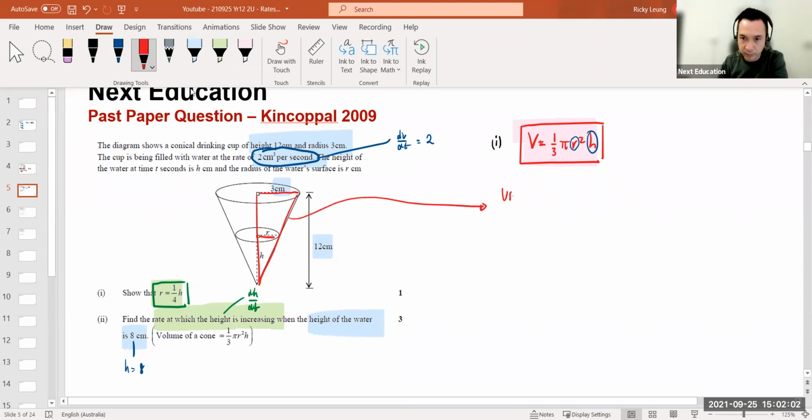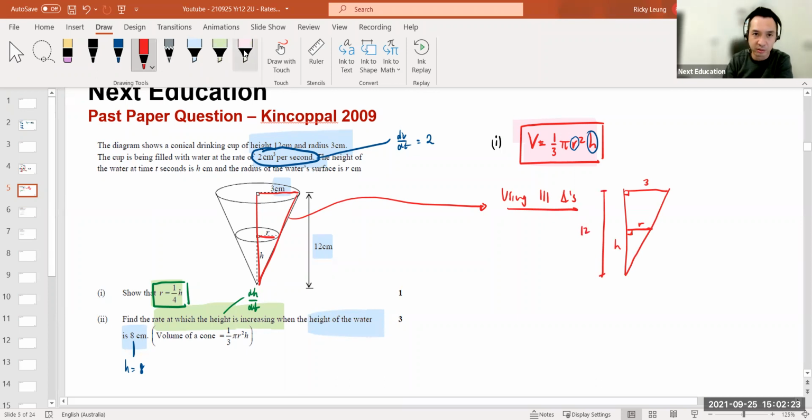So using similar triangles, we have r here, h here. It's similar because of the right angle and the common angle, so it's implied; we just use it. That's 12. I always say to my class, small on big equals small on big.